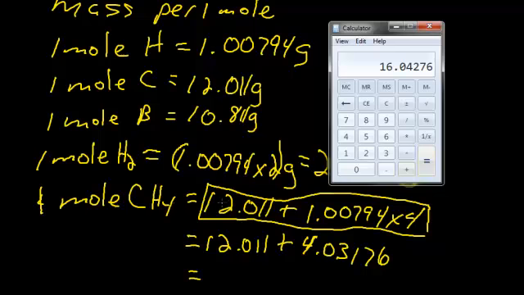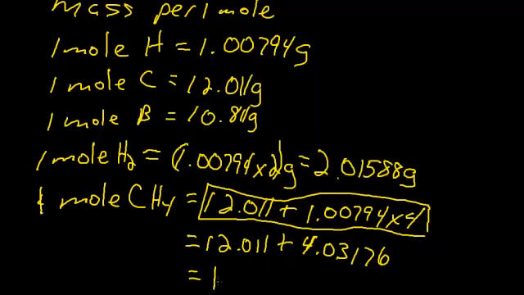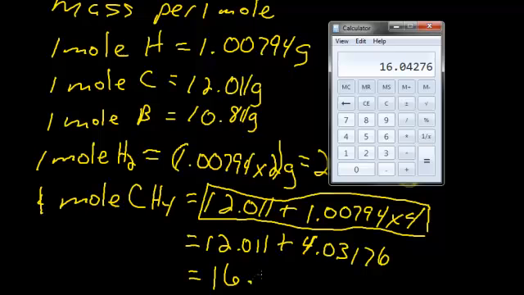So the molar mass of the CH4 or methane is 16.04276.